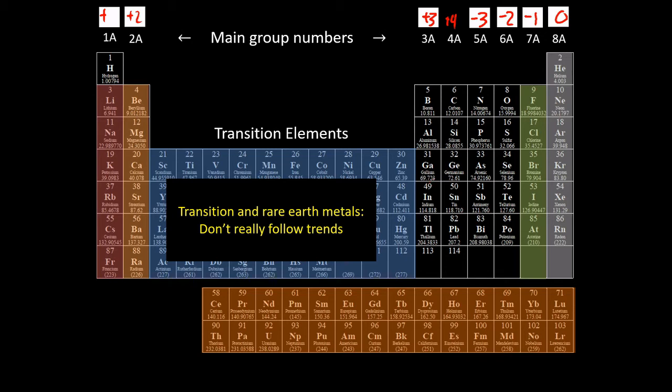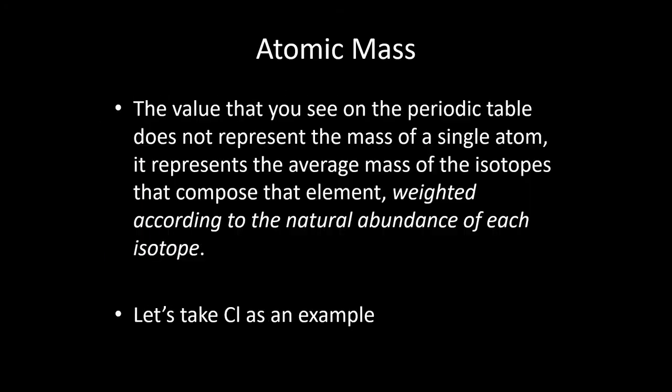The main ones that we can count on are the -3, -2, -1 here for the nonmetals, and then +1, +2, and +3 here for the metals, especially aluminum. We can count on those being true. So we do know what the charges on those monatomic ions are going to be.